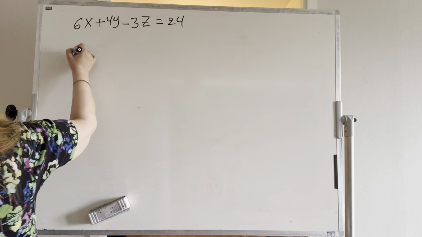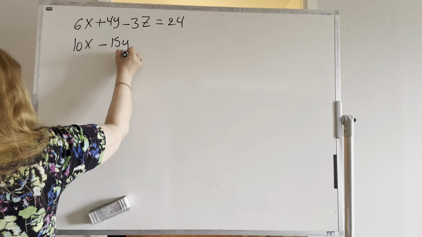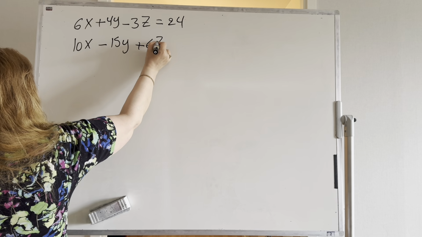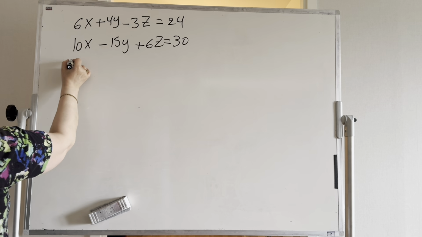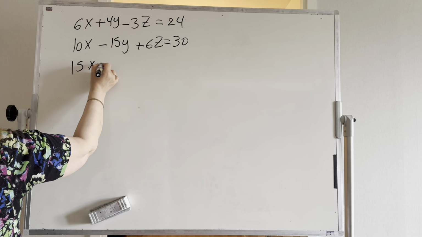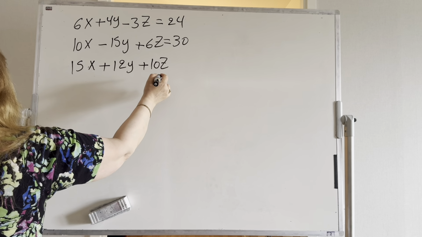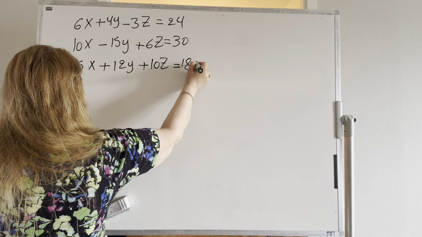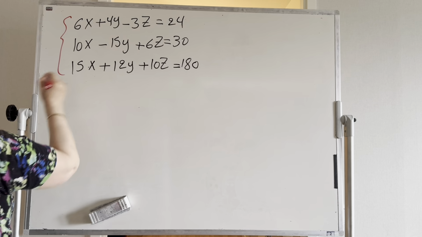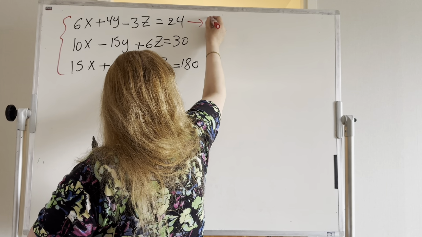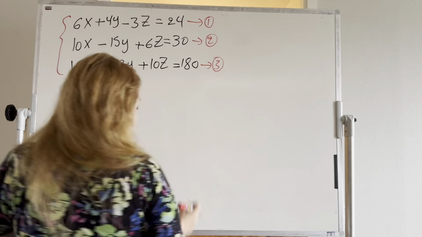And the second equation, 10x minus 15y plus 6z equals 30. And the third equation, 15x plus 12y plus 10z equals 180. This is the first equation, this the second equation, and this the third equation.